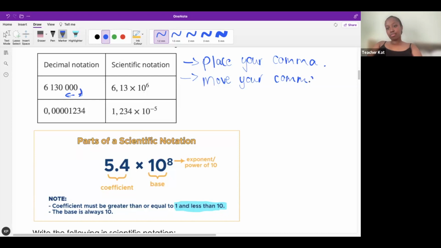So if you move your comma left, your exponent will be positive. Or right, which means my exponent will be what? If I move it to the right, will my exponent be positive or negative? Negative exponent. Beautiful.